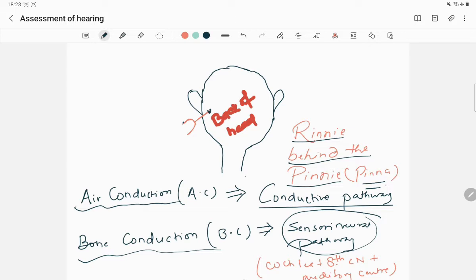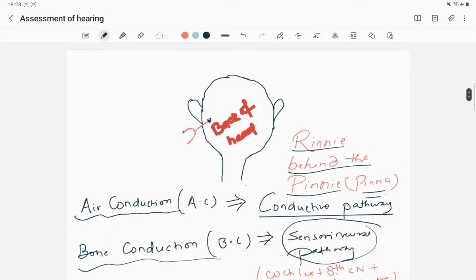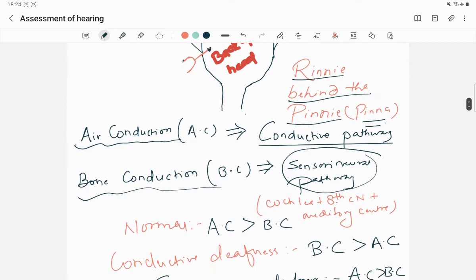So this one is Rinne test. Now how to do this test? Okay, so a vibrating tuning fork is placed on the mastoid process behind the pinna and then it is brought near the pinna in the air.